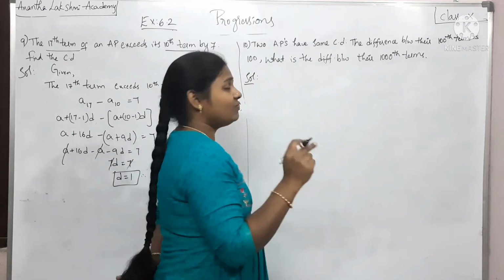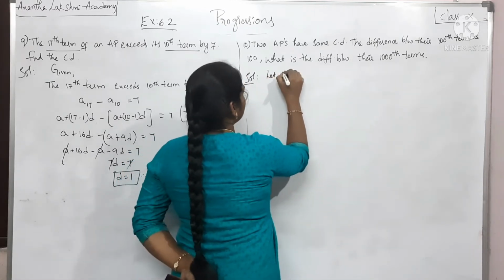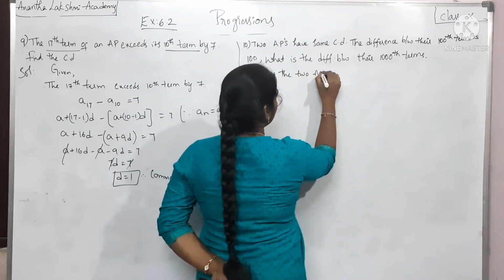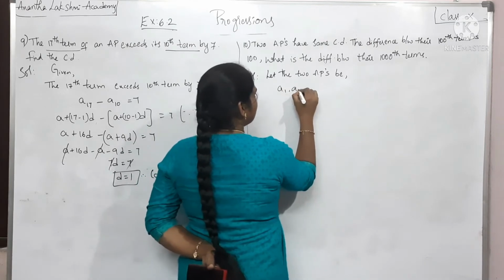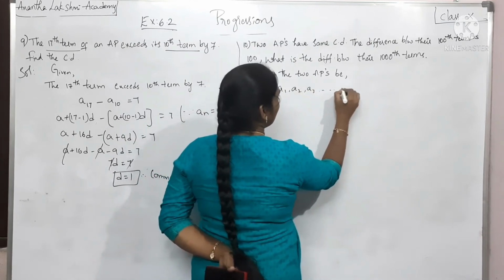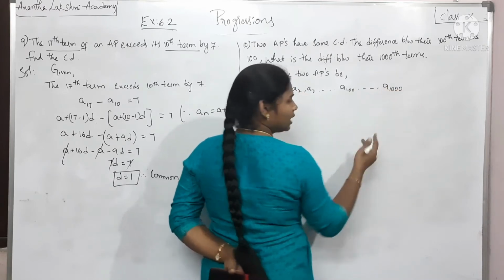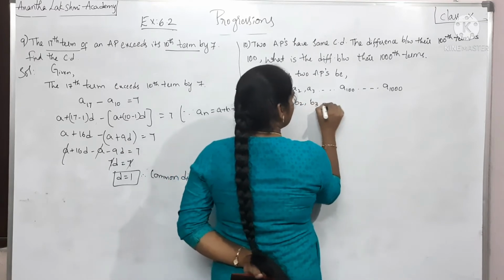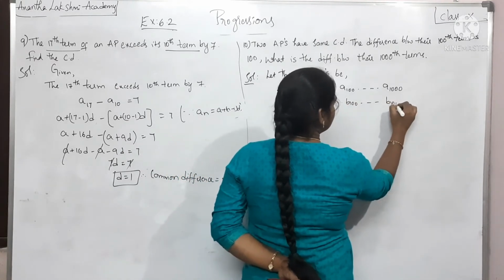Now that he said there are two APs, let the two APs be: the first one would be A1, A2, A3 and so on, A100 and so on, A1000, and the second will be B1, B2, B3 and so on, B100 and so on, B1000.